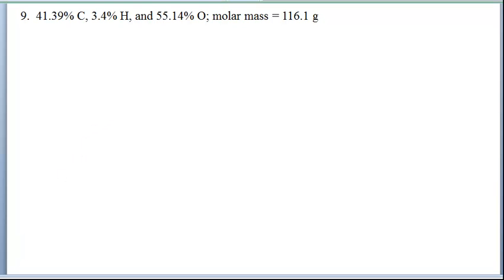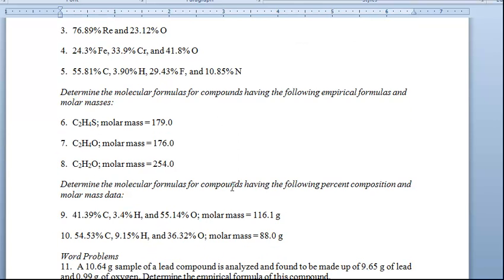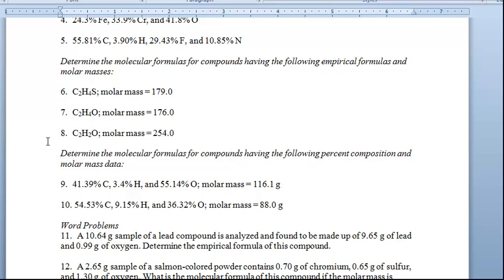Okay, let me scroll down. All right, number 9. Now we need to determine the molecular formula again, but we're being given a little bit different data. We're going to have to work a little bit harder for it.